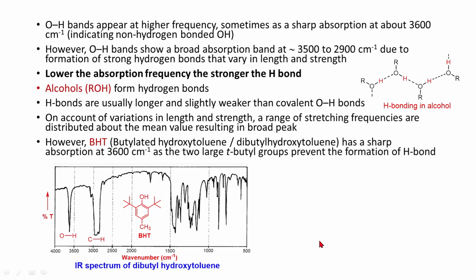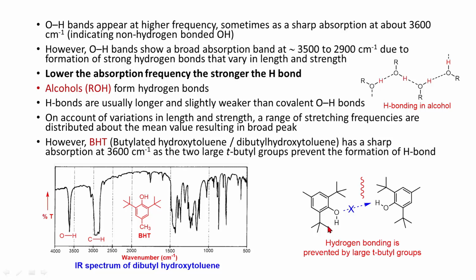In case of butylated hydroxytoluene, it has a sharp absorption for OH group at 3600 centimeter inverse. The reason for the sharp absorption is that due to the presence of large tertiary butyl groups, the formation of hydrogen bond is prevented.